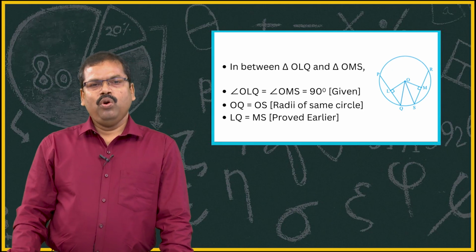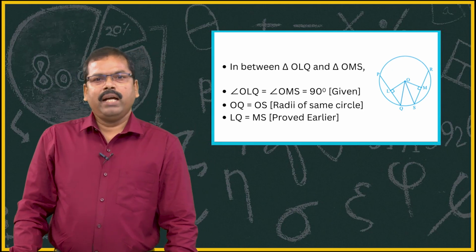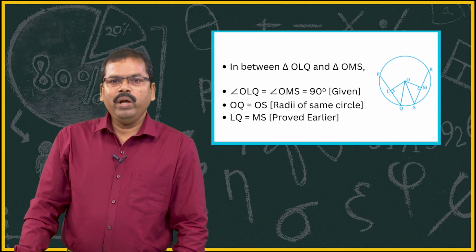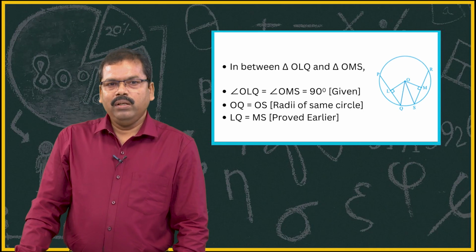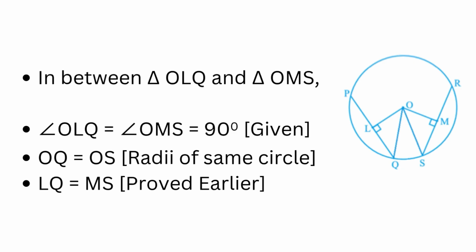Now, you observe both the triangles OLQ and OMS. Angle OLQ equal to angle OMS. Both the angles are of measure 90 degrees because these are the perpendiculars. OL perpendicular to PQ and OM is perpendicular to RS. So, OLQ equal to OMS, both 90 degrees.